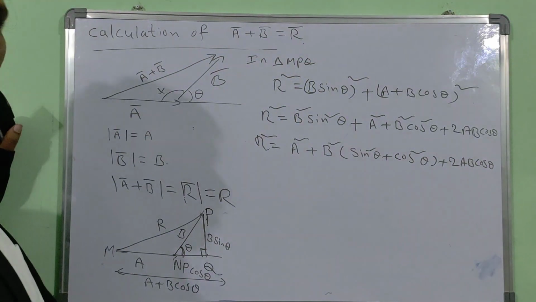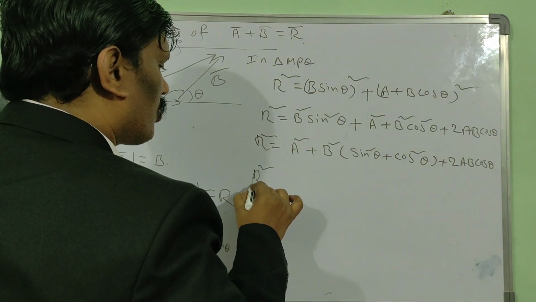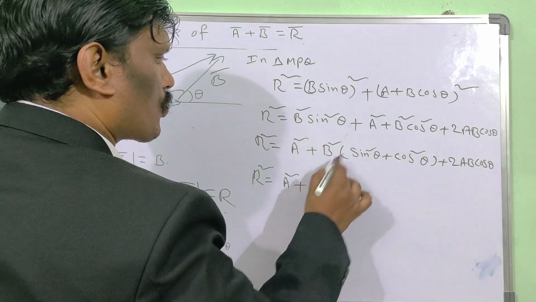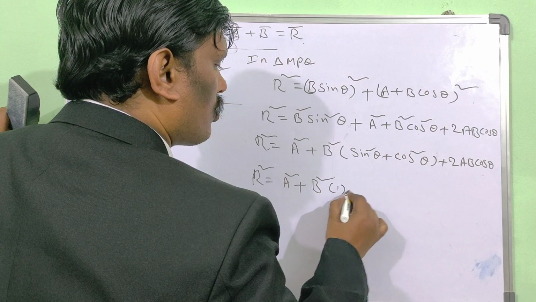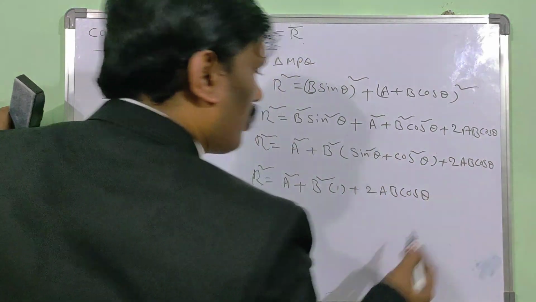Now R square is equal to A square plus B square into sin square theta plus cos square theta, whose value is 1, plus 2AB cos theta.